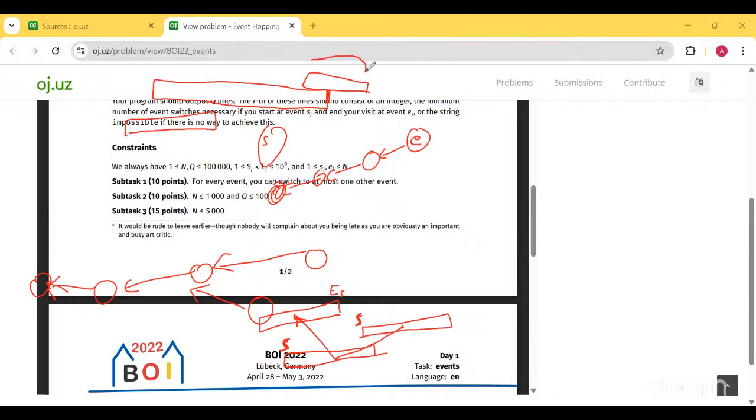We can go to any node whose endpoint is between these segments. So if there is no parent after this, it means we can only go here, and cannot go more than this. So it is impossible. Or if E is before S, then it is also impossible.